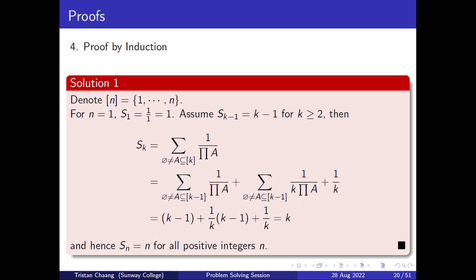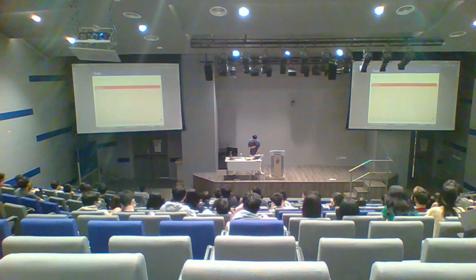For the sum notation, you don't have to always write i equals 1 to n, which is what you normally use in college maths. You can also write statements underneath the sum symbol. This just means you're summing up all of these cases where A is not the empty set, it's a subset of 1 to k. Is that okay?